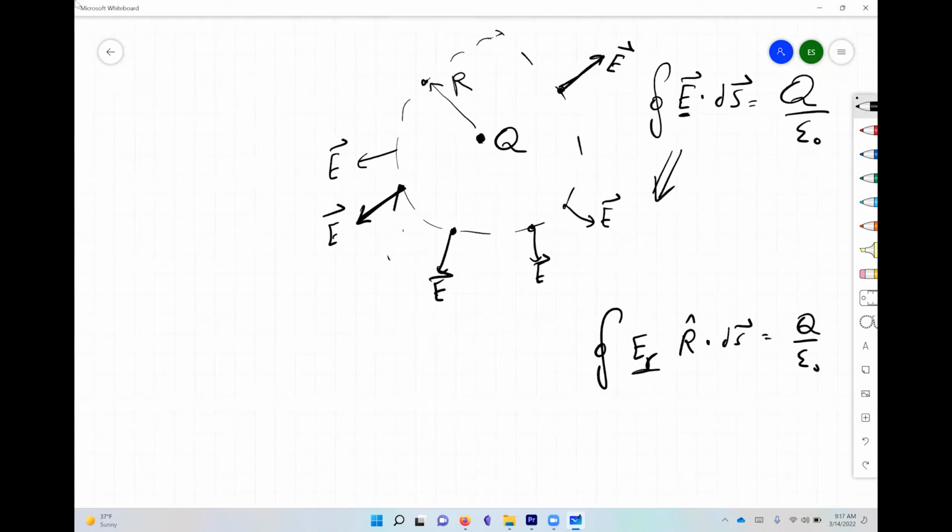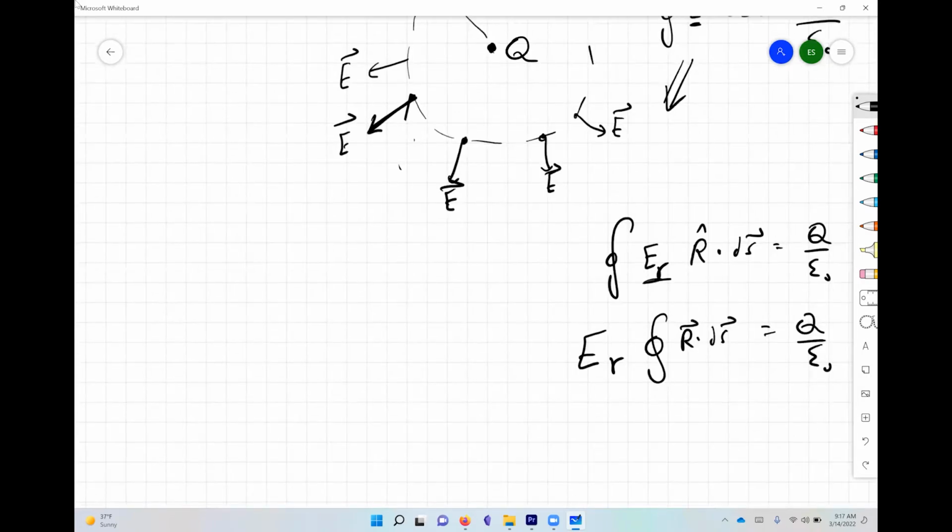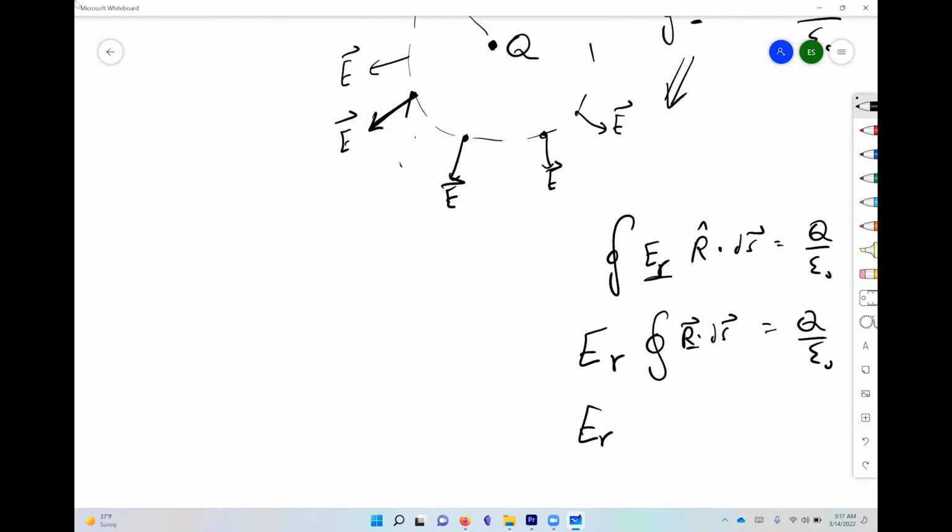So this is going to become E_r, r hat dot ds equals Q over epsilon naught. E_r is the radial component of the electric field. This has unity, right?